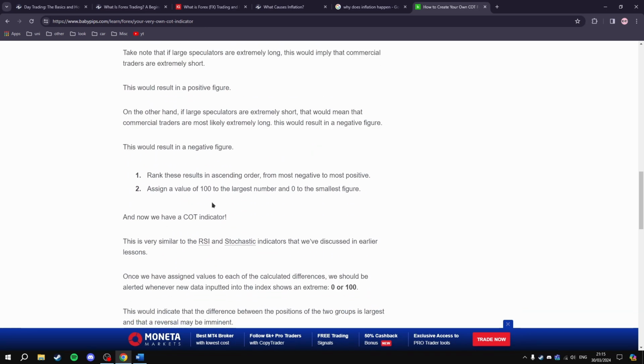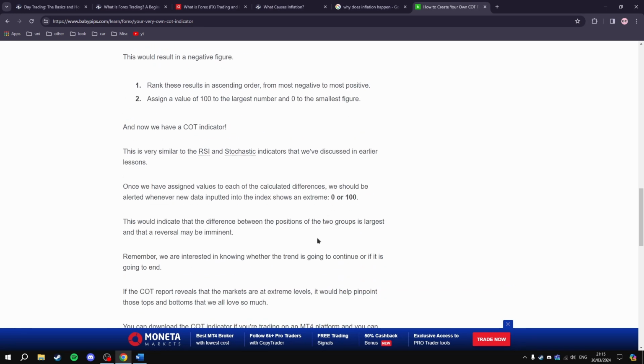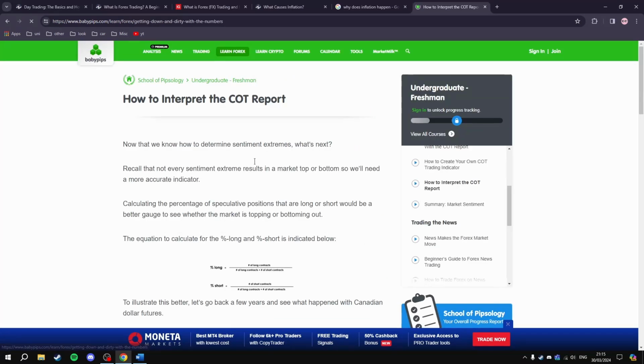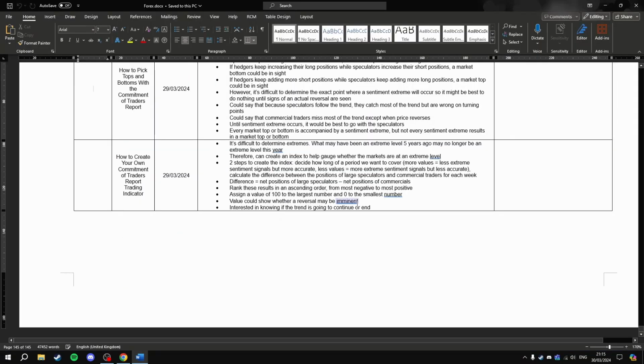Then rank the results in ascending order from most negative to most positive. Assign a value of 100 to the largest and 0 to the smallest. Now you can see whether the value is an extreme, such as 0 or 100. And now we are on how to interpret the traders report.